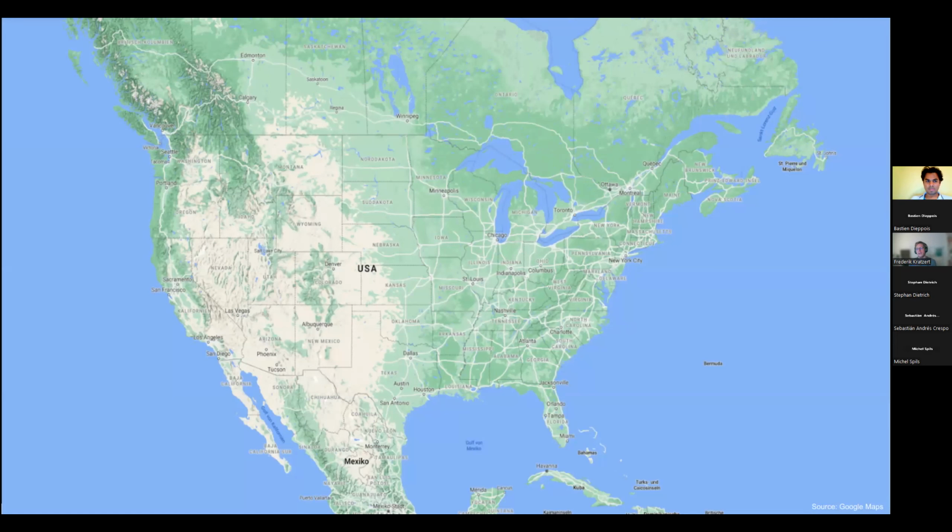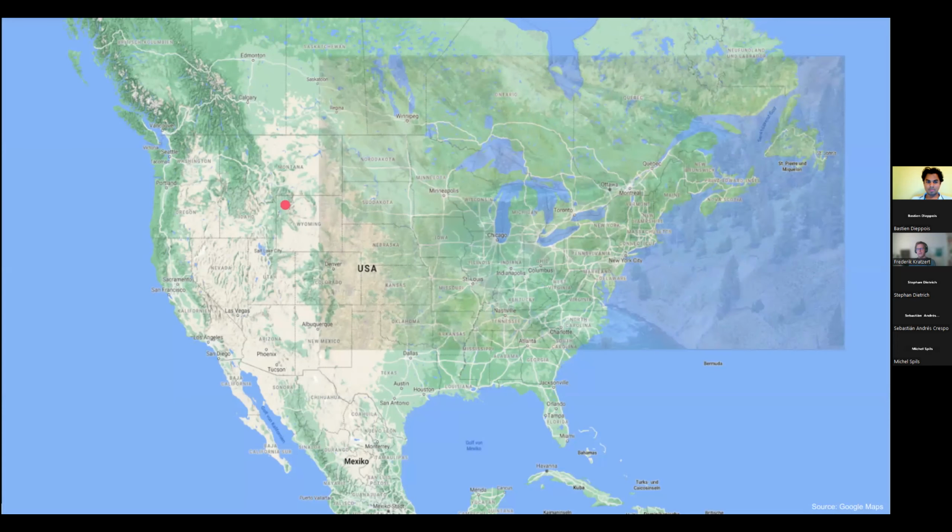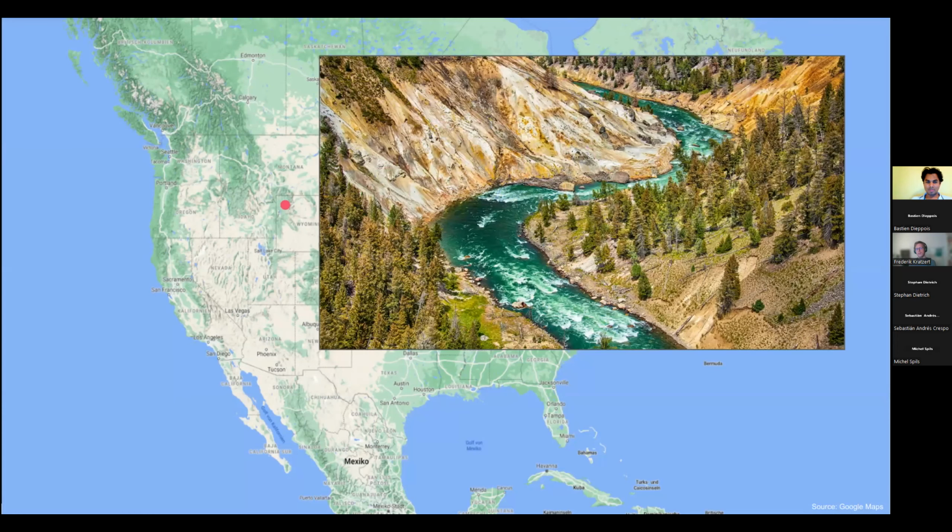So the task at hand is rainfall runoff modeling, which means if you look at the map and you point to some river somewhere, what you want to do is to model the stream flow in this river, given the meteorological inputs of the upstream area that influence the amount of water in this river, right? So this is called rainfall runoff modeling.